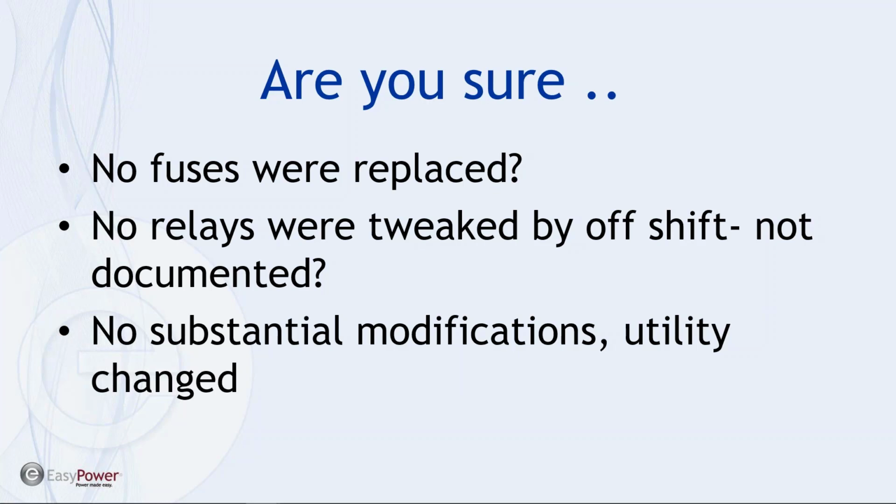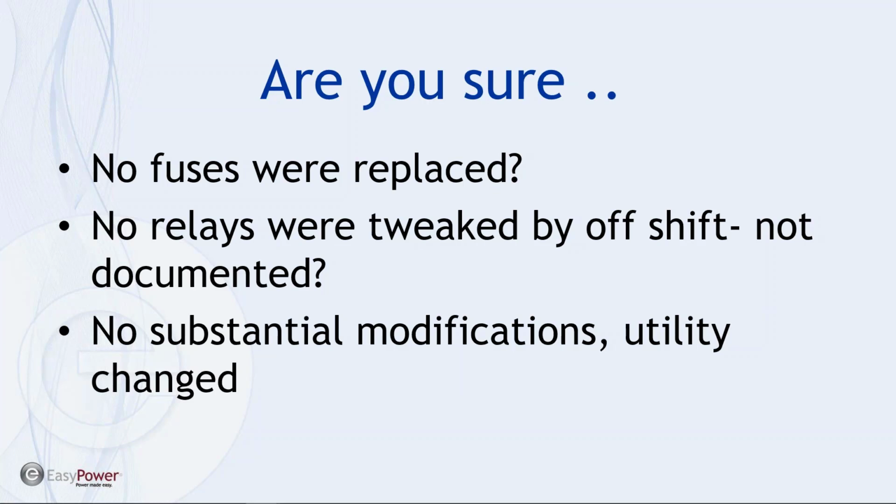Am I sure that no relays were tweaked by an off shift and not documented? And for some reason we were getting intermittent fails or trips on a relay, and the electricians knew that if they just tweaked some of the settings, it would prevent those trips.